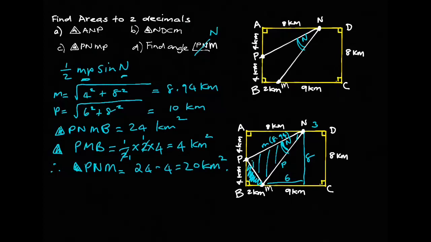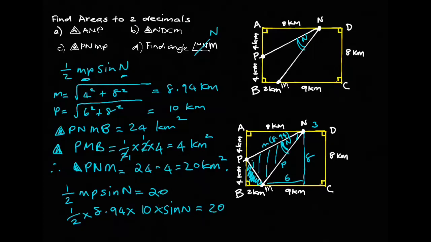So now we've got that, we can put it straight into the equation. Half mp sine n is equal to 20. So we know m is 8.94, and we know p is 10, times sine n equals 20.